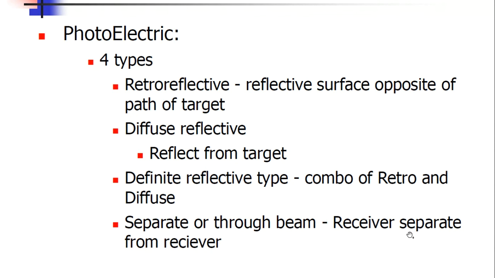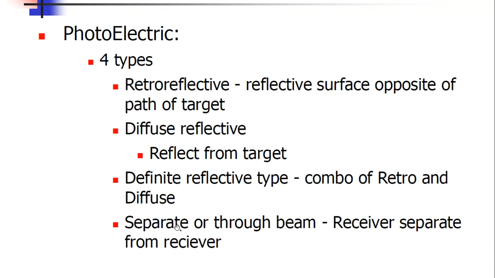That way, if somebody walks through that beam when the garage door is going down, it triggers the garage door to go back up. This happens at my dad's house all the time. I'm trying to shut the garage door, and his dog will run through the beam just when it's halfway down, and it triggers the door and makes it go back up.